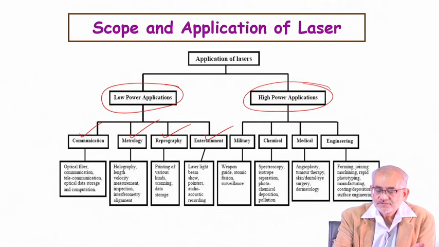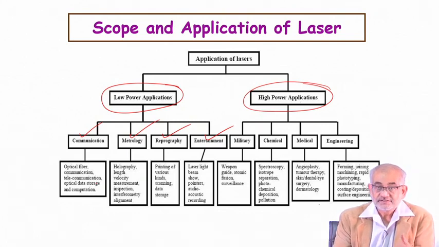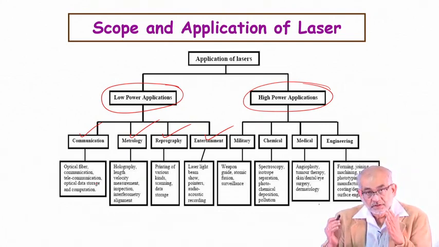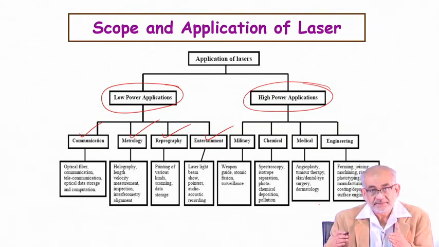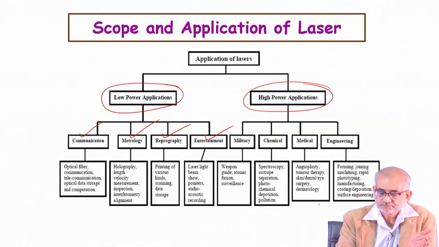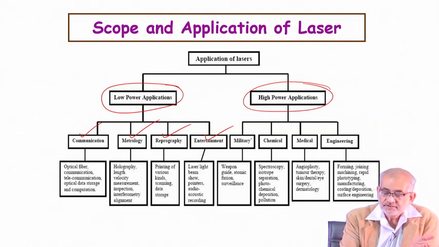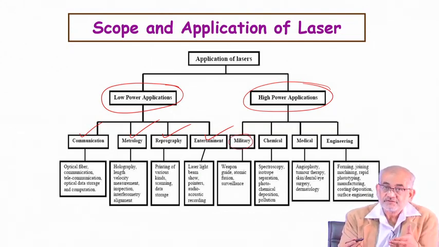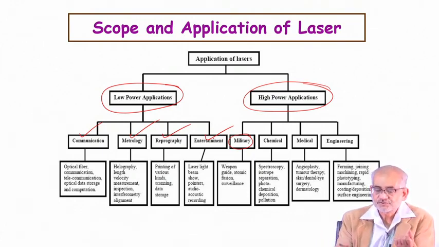On the other hand, using high power laser, we actually can do various types of applications involving hardware. In the extreme, one can think of various military applications, including weapon guidance or atomic fusion, surveillance, and so on.